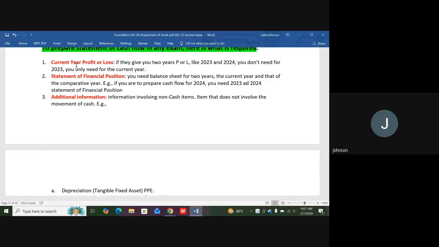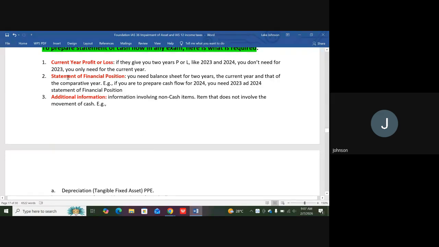It's only the profit and loss that relates to the current period that you need, which is 2024.